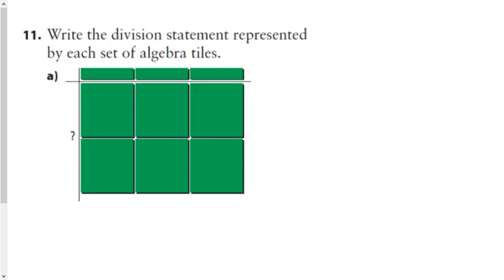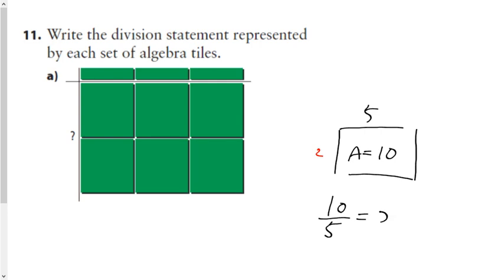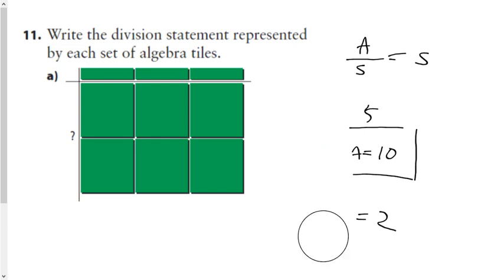Question 11, what's the division statement? So again, if I thought of a simpler question that said the area is equal to, let's just make up a number of 10, and this side is 5. Everybody in the room knows that this is 2, correct? You got that by taking the area and dividing it by the side you know to get the side you didn't, or area divided by side equals other side.